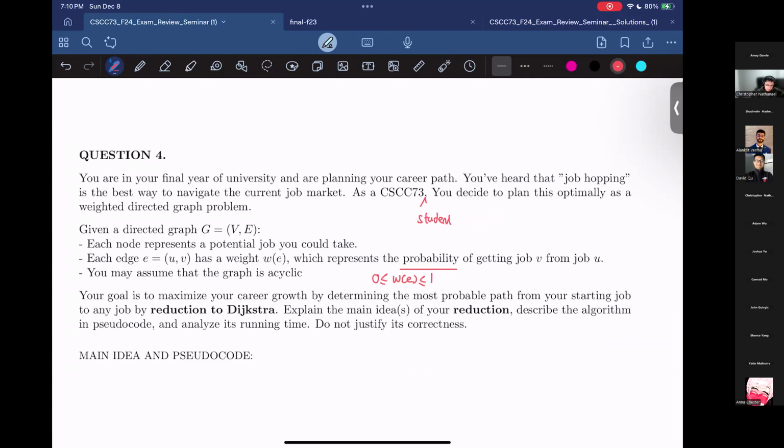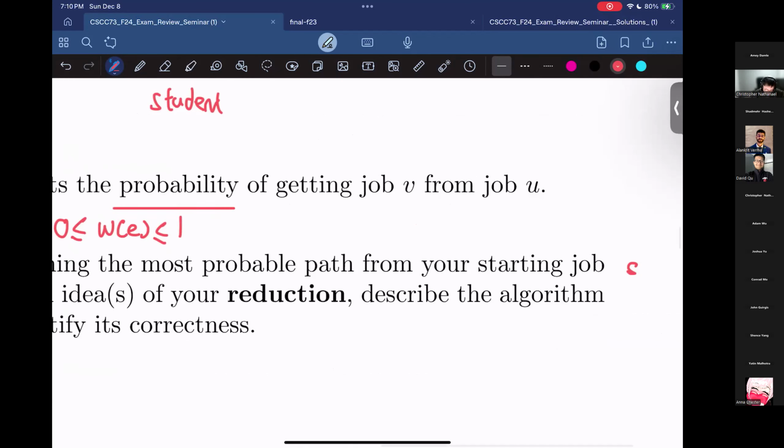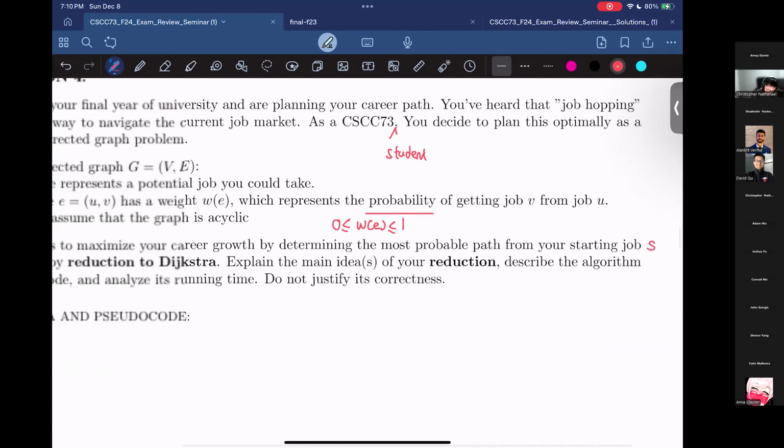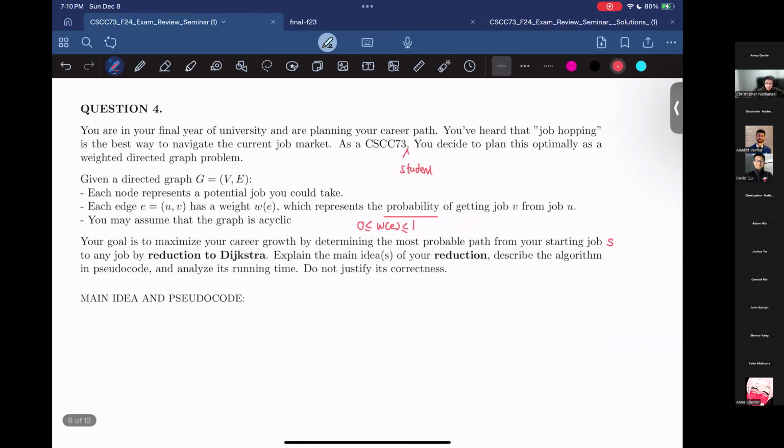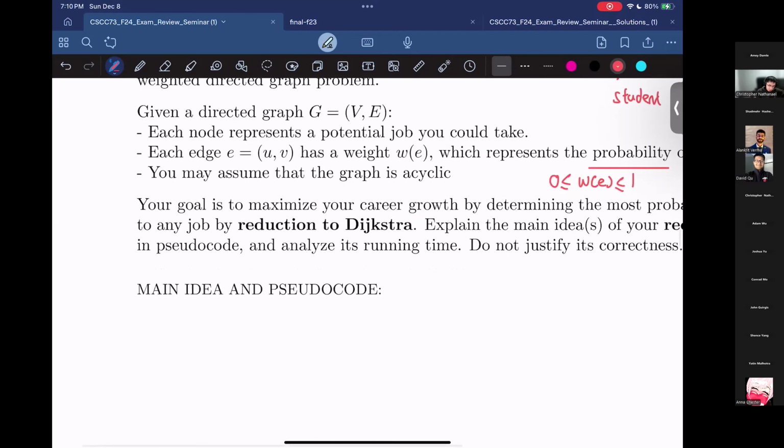Your goal is to maximize your career growth by determining the most probable path from your starting job, let's call this starting job S, to any job by reduction to Dijkstra. So in here, what is the distance function?